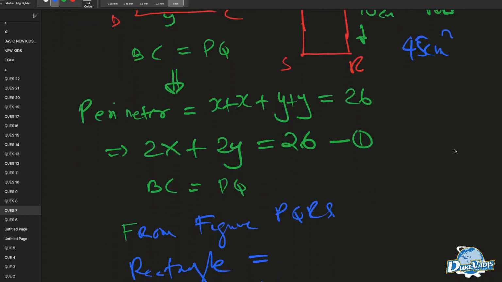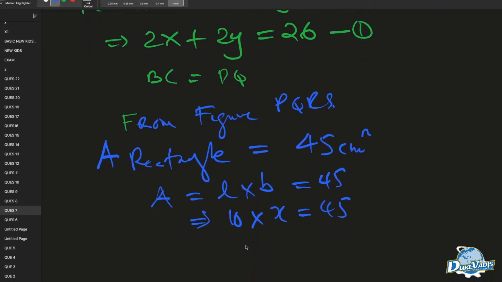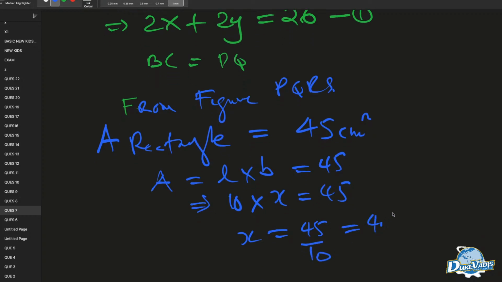So we put 45 here. The area of the rectangle is 45 centimeters squared. So x is equal to what? 45 divided by 10, which gives us 4.5.